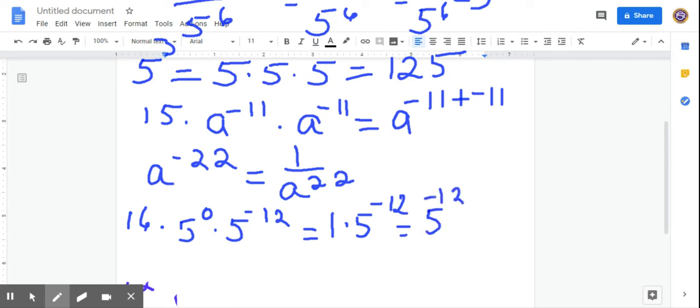But as we saw in number 15, we can't leave a negative exponent as our answer, so we need to take the reciprocal. So that's going to be 1 over 5 to the 12th power.